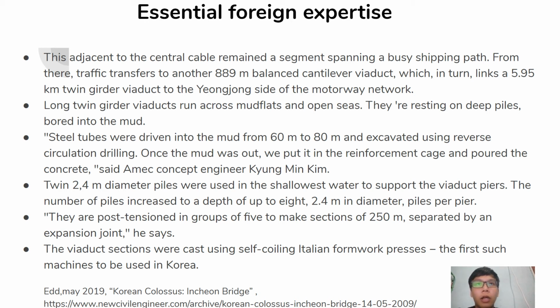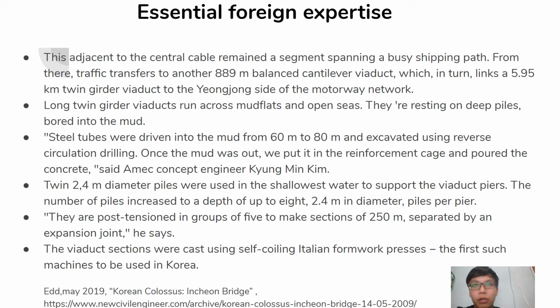Twin 2.4 meter diameter piles were used in the shallowest water to support the viaduct piers. The number of piles increased in deeper water, up to 2.4 meter diameter piles per pier. They are post-tensioned in groups of 5 to a mid-section of 250 meters, separated by an expansion joint.